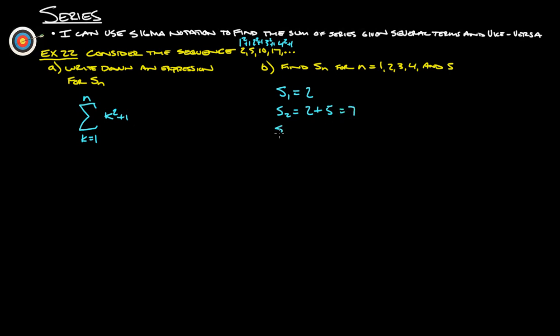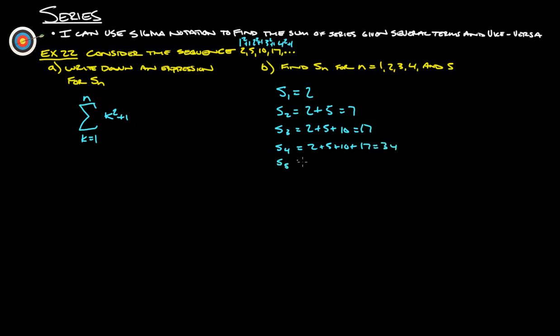Okay. S of 3, 2 plus 5 plus 10 is going to be 17. S of 4, our fourth term is going to be 2 plus 5 plus 10 plus 17 is going to be 34.